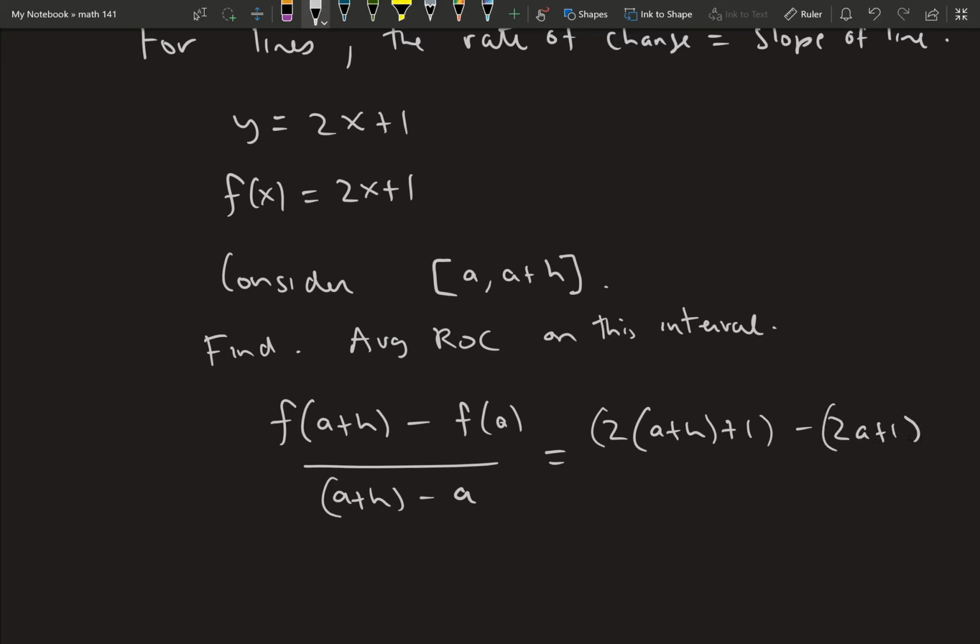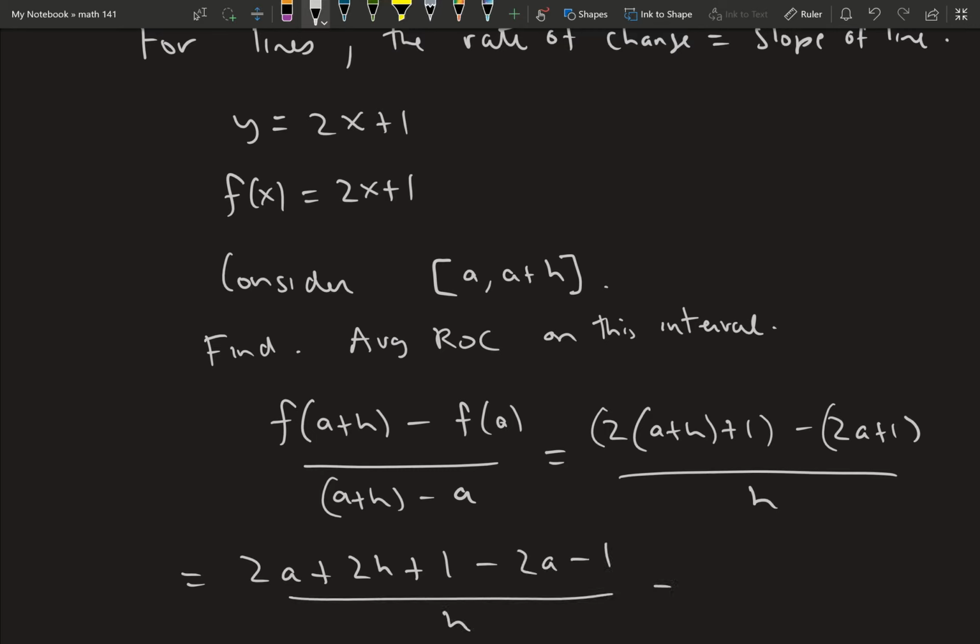Remember, when you subtract something, you got to subtract the entire thing, so make sure you put that in the parentheses. Here, the a and the minus a cancel to just give you h. So what we get is 2a plus 2h plus 1 minus 2a minus 1, all divided by h.